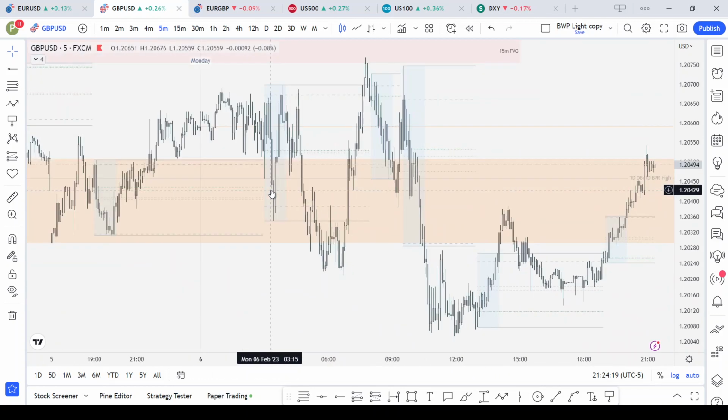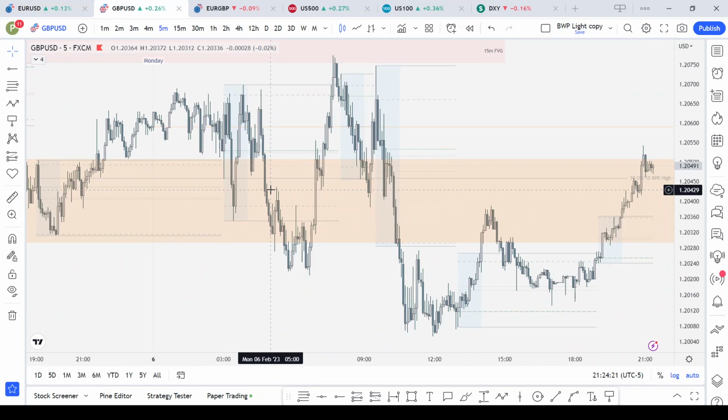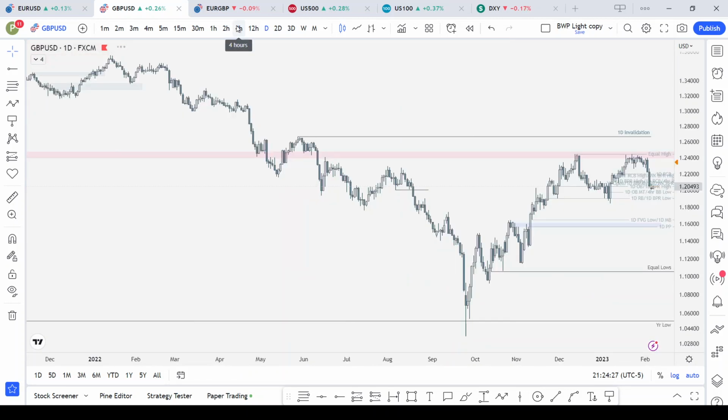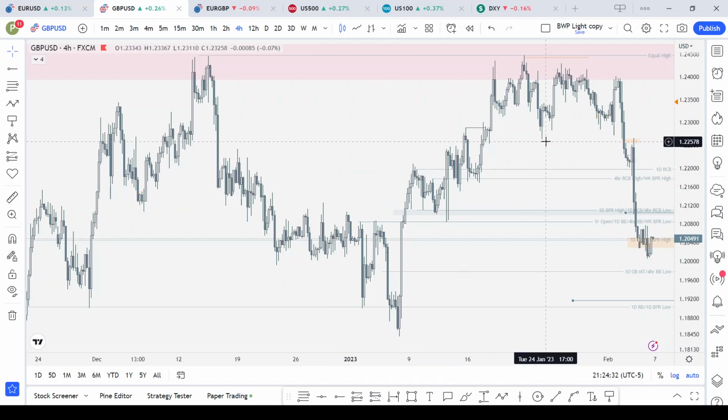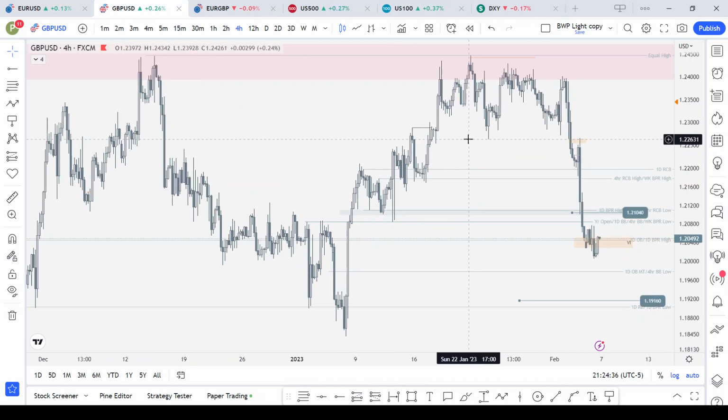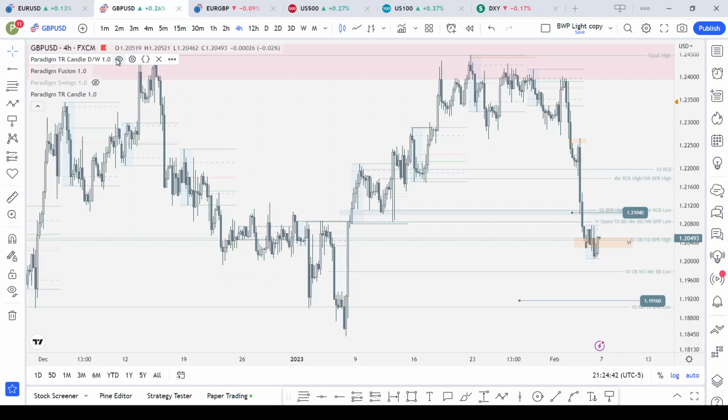the TR candle is formed within a price range. Okay, let's start from the daily TR candle, which is easily visualized on the 4-hour time frame. These are indicators that I created, yet to be published, but I'll publish it eventually.